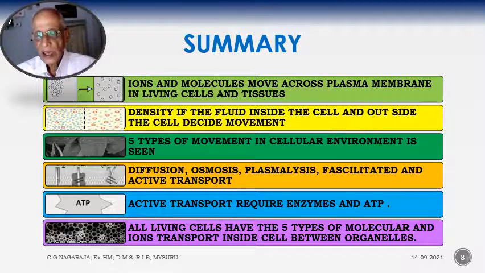Then we said active transport requires energy and enzymes to transport against the density gradient. That you should remember. That means from higher concentration to another higher concentration it may be moving, and for that it's called active transport. All living cells have the 5 types of molecular and ionic movement inside the cell also.